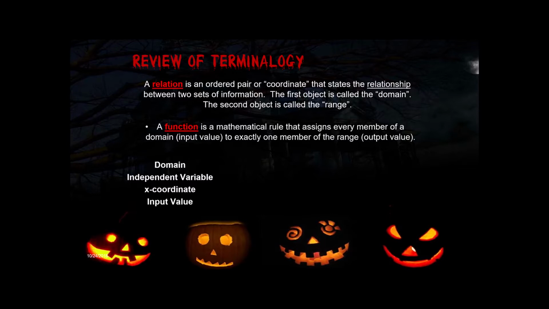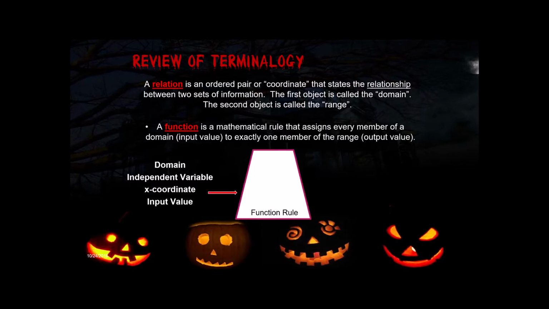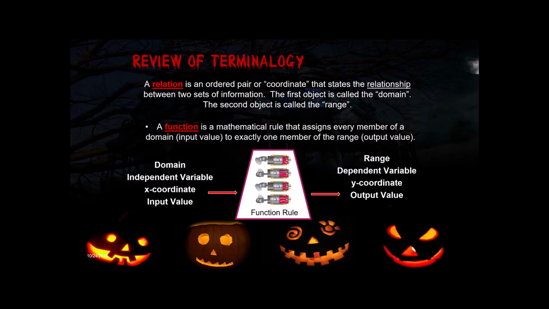They are the number or value that gets put into some kind of a rule. And that rule processes that value, and it matches to a different value known as the range. Now, just like domain, we have multiple names that we use when talking about the range. We have the range, the dependent variable, the y-coordinate, the output value. Once again, all of those mean the same thing.